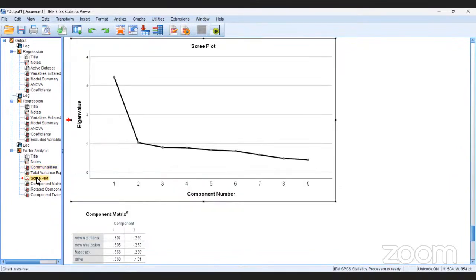This is the scree plot. Okay, so what does this show? That means we can consider only these two factors.